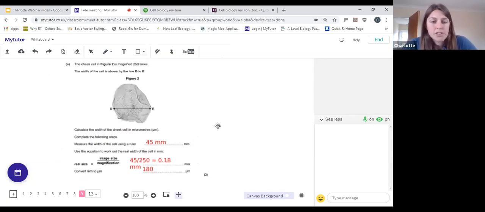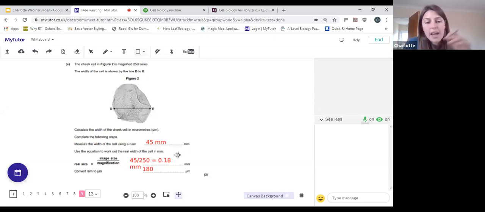So we've measured the width of the cell using a ruler and it was 45 millimeters, 4.5 centimeters. And then use the equation. So we've done real size was image size over magnification. So the image size was 45 millimeters over that magnification, which was 250. And that equals 0.18 millimeters.